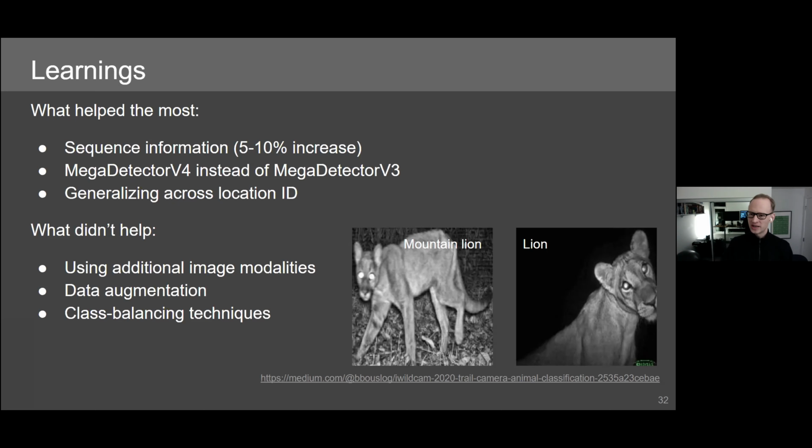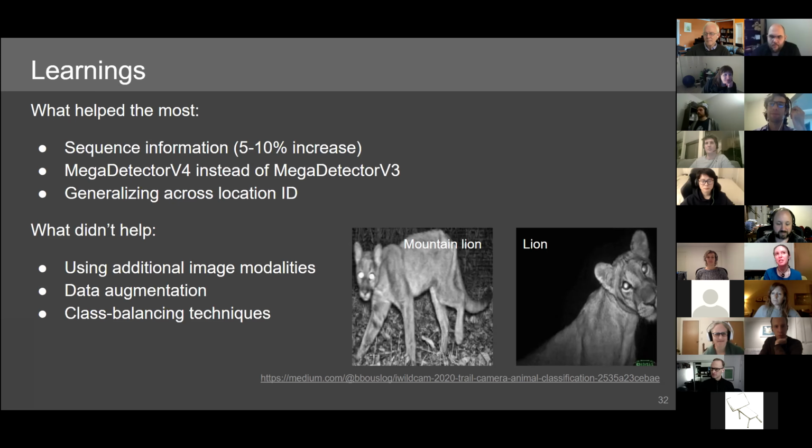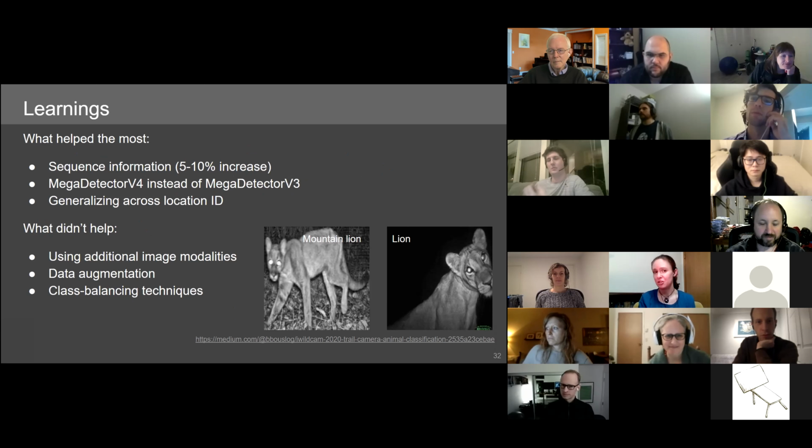Was ImageNet explicitly allowed for this? I believe you could use pre-trained models, but you couldn't get extra data yourself for this competition. So if there was a model that was pre-trained on ImageNet, you could use it, but you could not go out and collect extra camera trap images to train on.